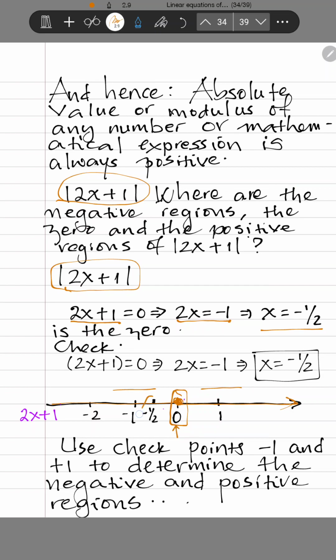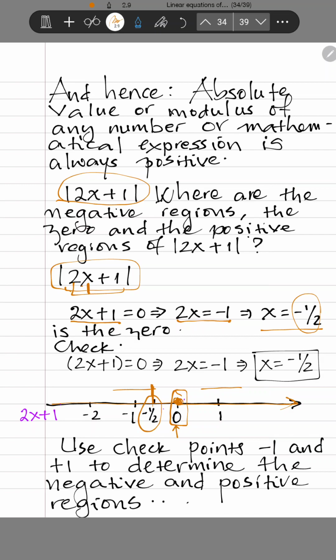The 0 of the expression is minus half. The expression 2x plus 1 is equal to 0 when x is equal to minus half. When we put minus half in place of x here, we're going to have minus 1 plus 1, which is 0. So this is the 0 of the expression.